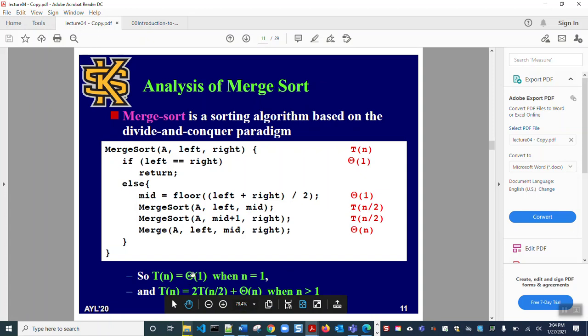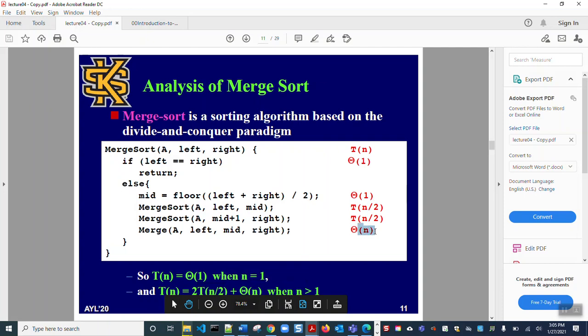So T of n equals theta 1, constant time, if we have only one value, since there is nothing to merge. Otherwise, T of n equals 2 T of n by 2, which we have right over here, plus theta n.